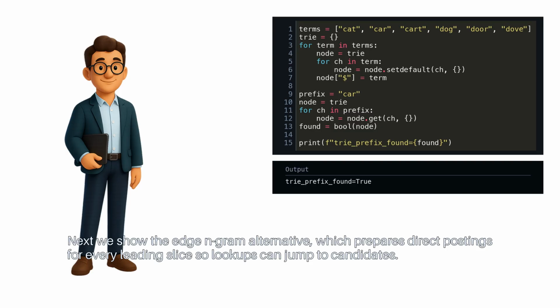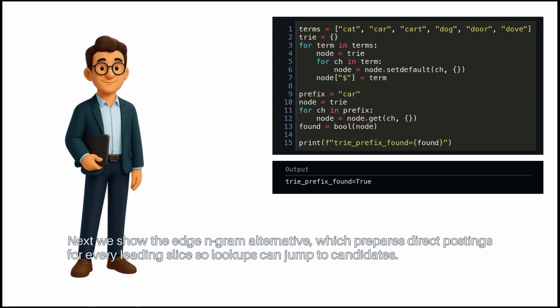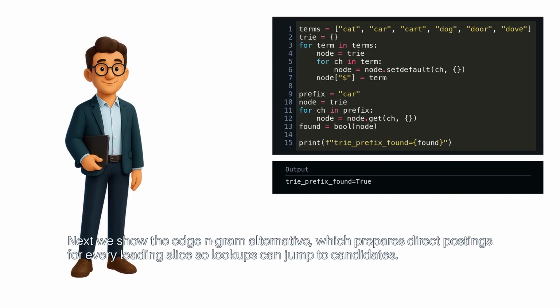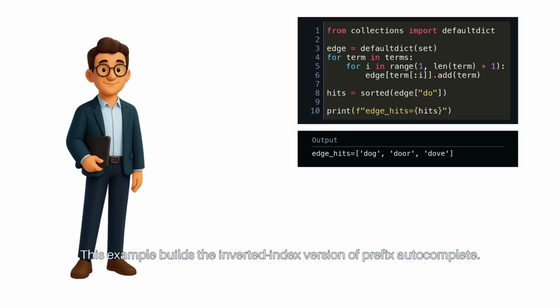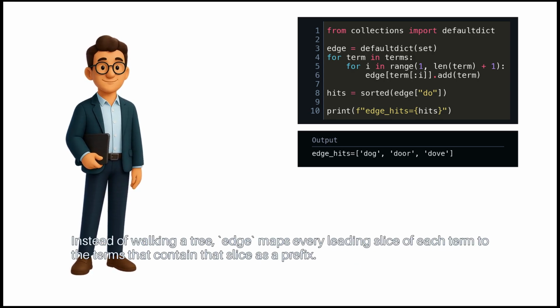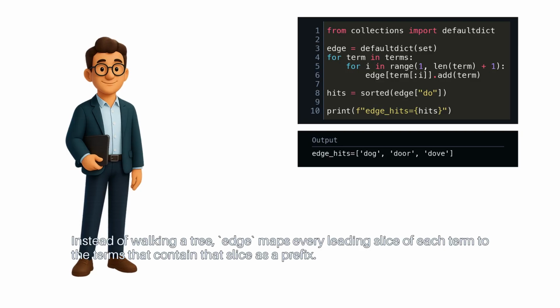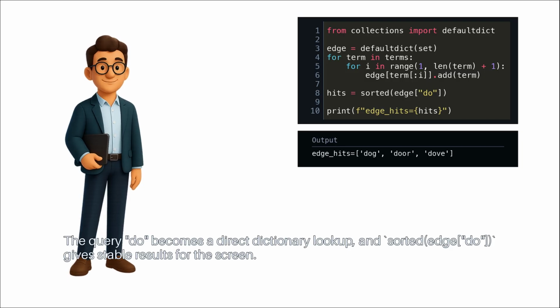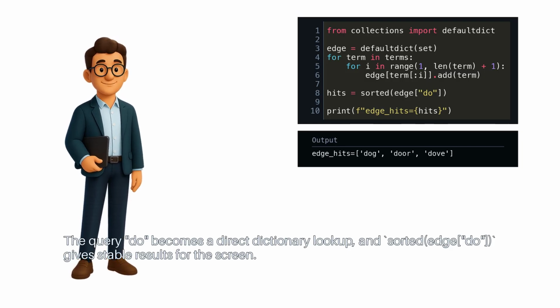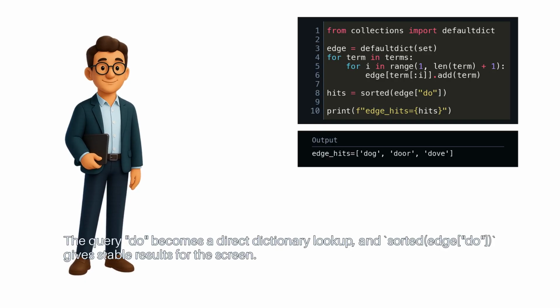Next, we show the edge n-gram alternative, which prepares direct postings for every leading slice so lookups can jump to candidates. This example builds the inverted index version of prefix autocomplete. Instead of walking a tree, edge maps every leading slice of each term to the terms that contain that slice as a prefix. The query "do" becomes a direct dictionary lookup, and sorted edge["do"] gives stable results for the screen.